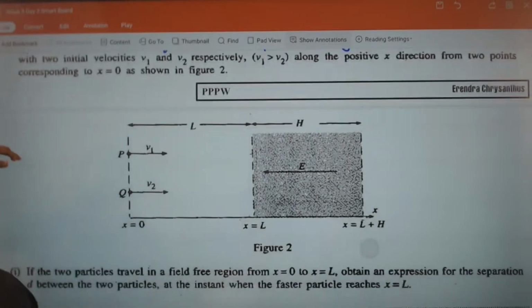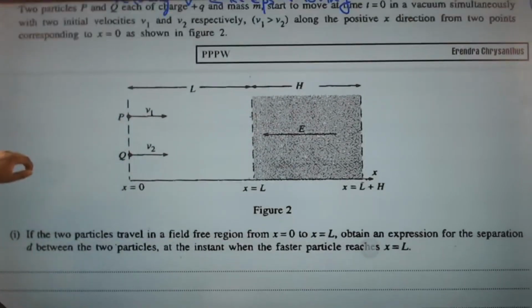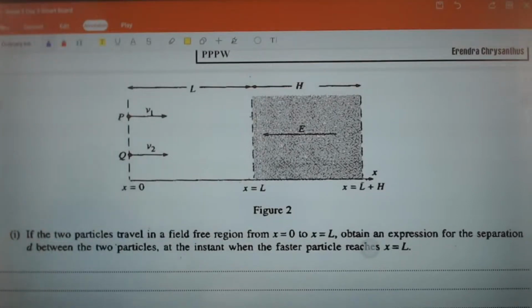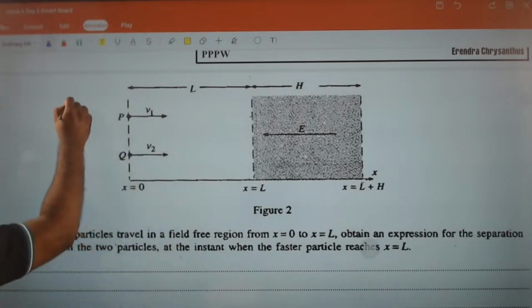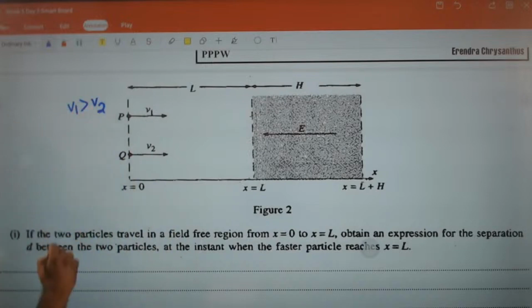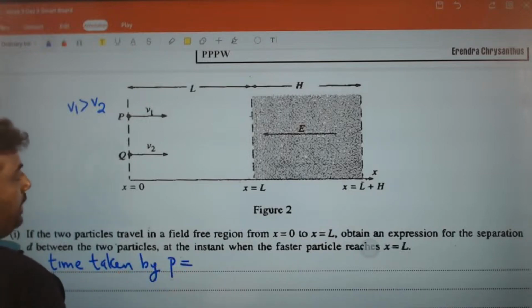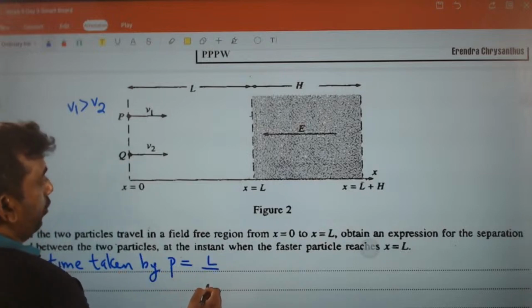If the two particles travel in the field free region, obtain an expression for the separation d between the two particles at the instant the faster particle reaches L. So the time taken by P is L over V1.